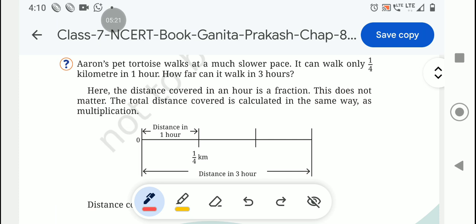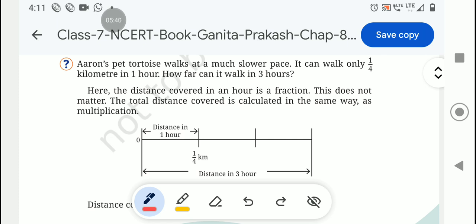The total distance covered is calculated in the same way as multiplication. If multiplication comes, don't think you have to take some other process. It might seem tricky, but it's nothing like that.